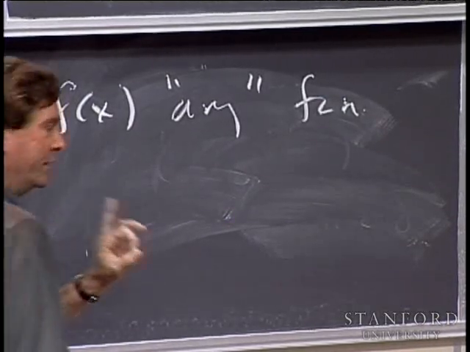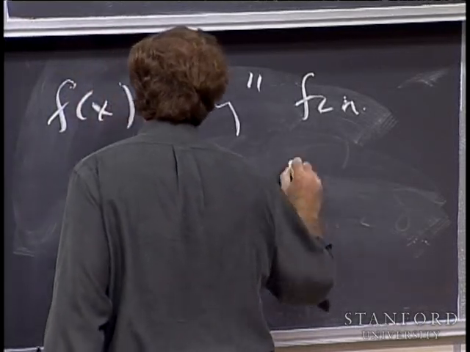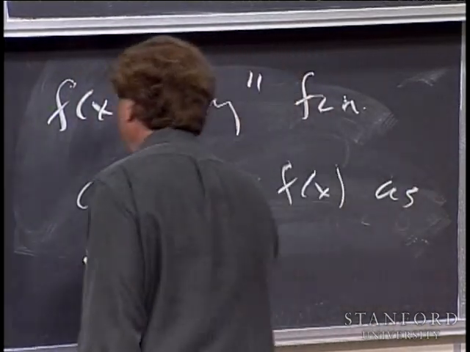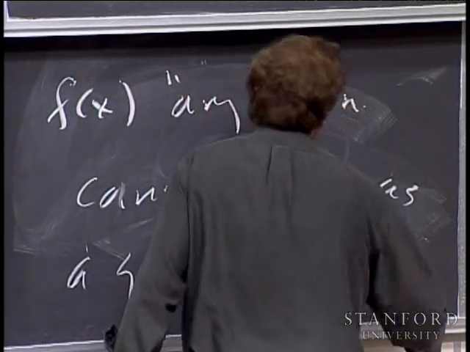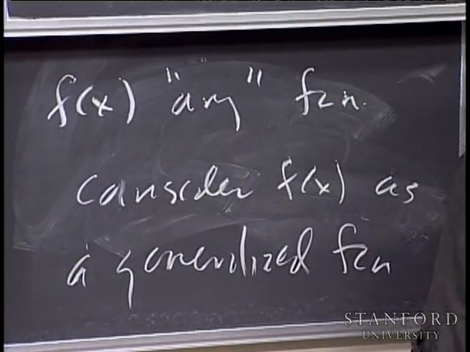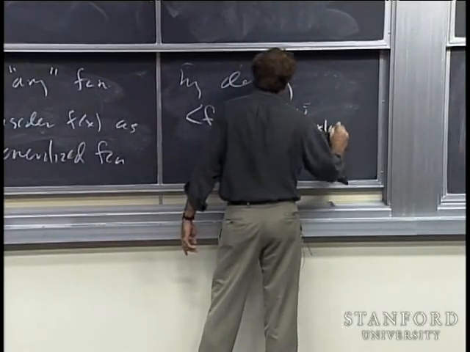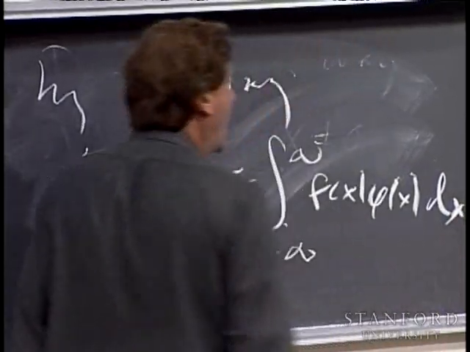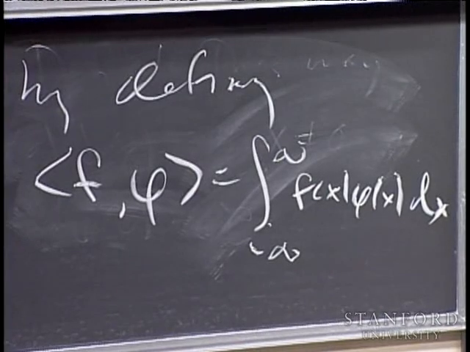But for many of them, you can consider f of x as a generalized function or distribution by defining its pairing. F paired with phi is the integral from minus infinity to infinity, f of x, phi of x, dx. F operates on phi by integration. And that's a linear operation.